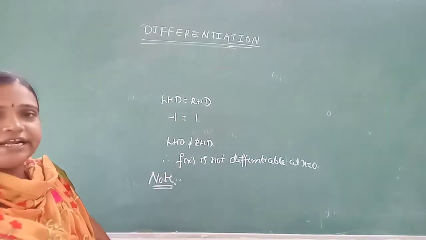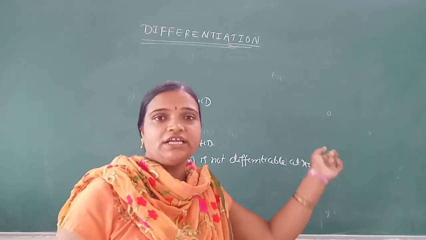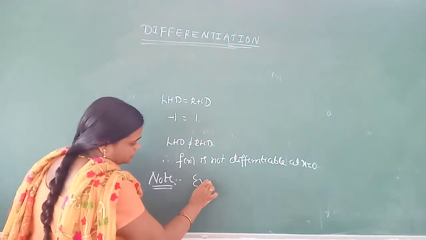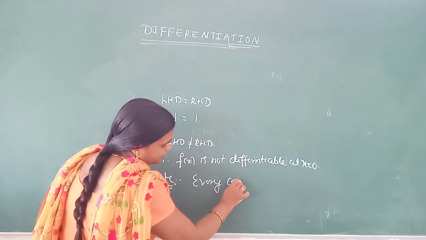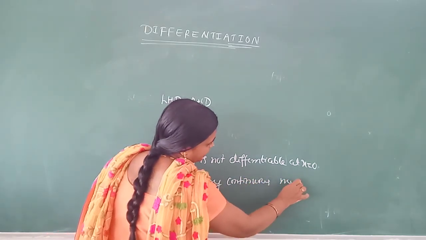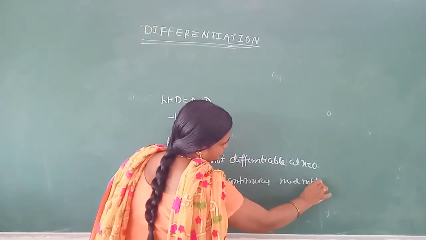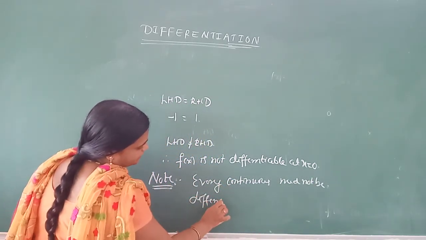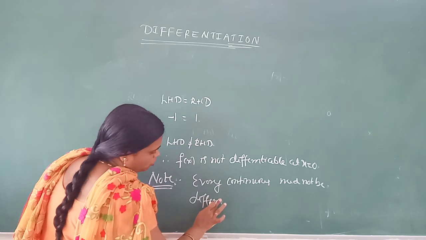Means we proved, just remember, very very important. See, we know that every differentiable function is a continuous function, but every continuous function need not be differentiable. This is a good example of what we are taking here, mod x.